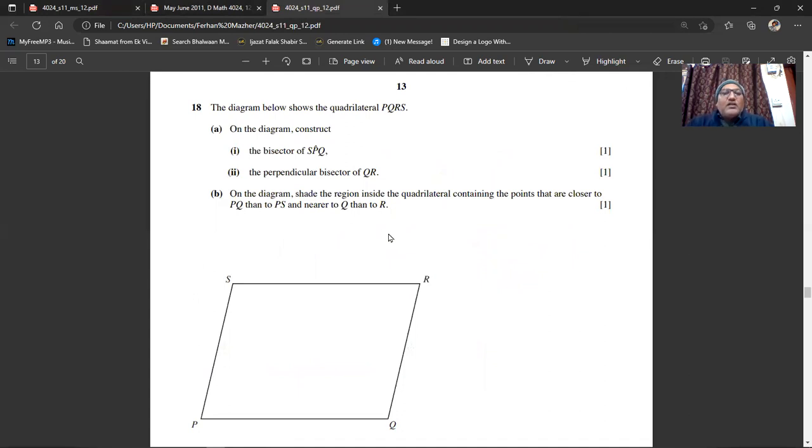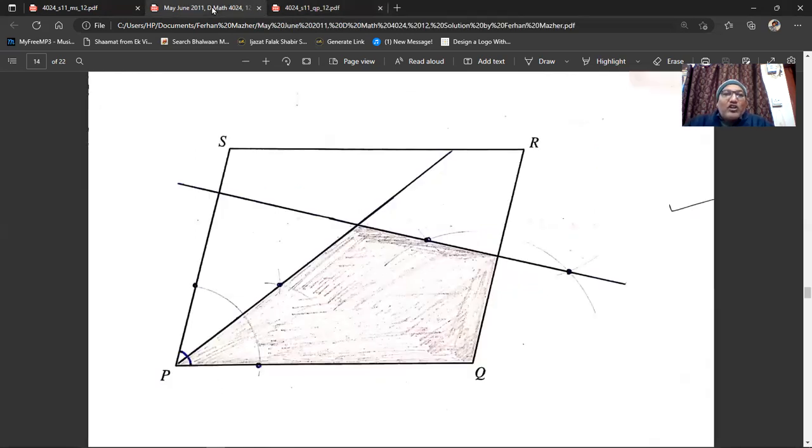And now they say on the diagram, shade the region inside the quadrilateral. So you have to remain inside the quadrilateral containing the points that are closer to PQ than to PS. So they are talking about the angle bisector. This is the angle bisector, you have to remain closer to PQ.